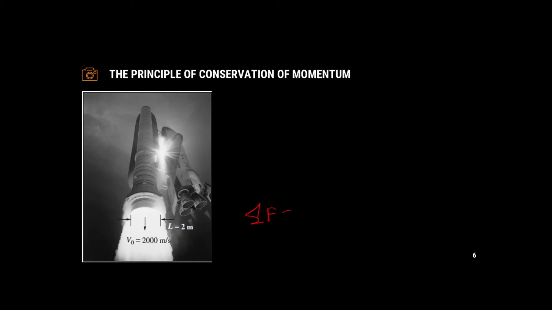Total F equals M times A, right? Total force equals M, the mass of the rocket, times A, the acceleration of the rocket. The A here is generated from the engines due to the fuel supply, accelerating from 0 to 2000 meters per second.